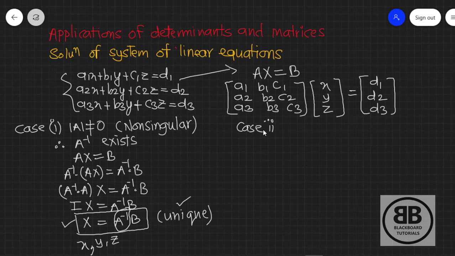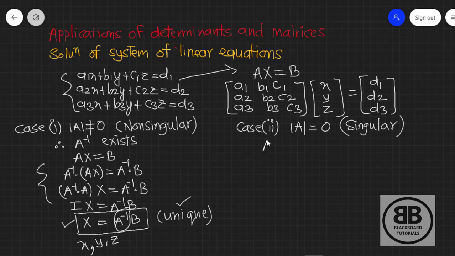Now case 2. If the coefficient matrix A is a singular matrix, then we cannot find its inverse, which means we cannot apply the same method. Then what to do?